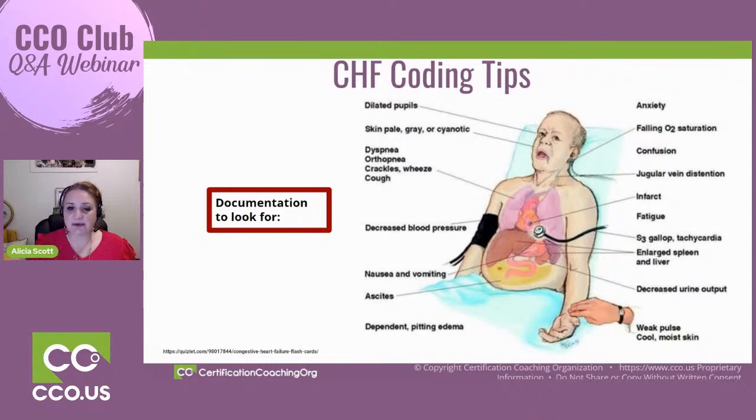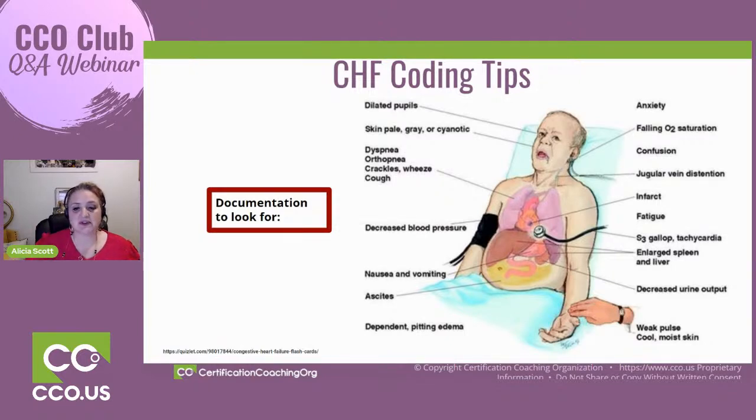Now, on top of that, though, we are going to see ascites, right? That's where that fluid starts building up in the abdomen. You kind of see that they're showing you that yellowing. Enlarged spleen and liver because they're having to work so hard. You'll hear the provider mention or document S3 gallop or tachycardia, right? The jugular veins are distended.